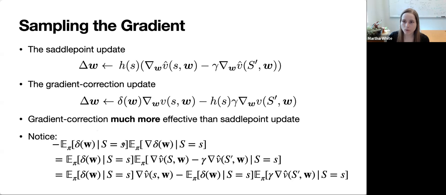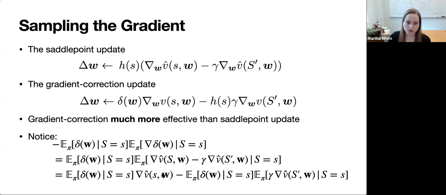And one motivation for why this is okay is if we go back and look at the mean squared Bellman error gradient, it had these two terms. If we were to plug this gradient in here, and multiply the first two terms and the second two terms, notice the first term, since we're given s, is not actually random. It's a deterministic value, so there's not going to be an expectation.